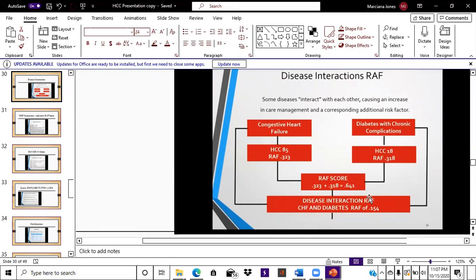The disease interaction RAF, which is congestive heart failure and diabetes, RAFs to this. And remember we talked about linking. When you're linking, it's their interaction, one is because of the other. But you don't have to code this. This happens automatically behind the scenes, but it's important to understand what these interactions are because you get additional RAF scores, as you can see. So it just adds up to more money for the patient.